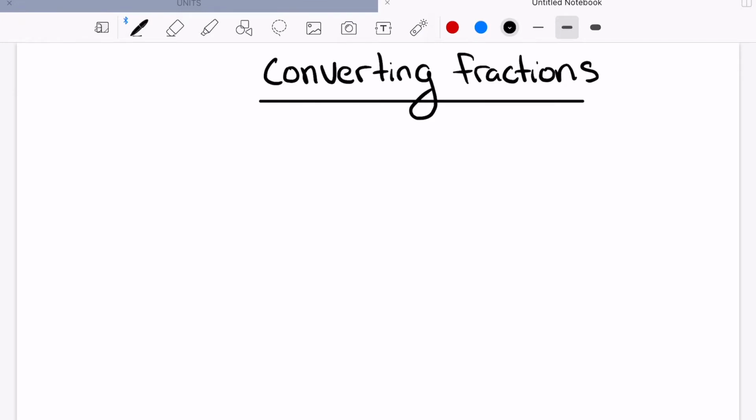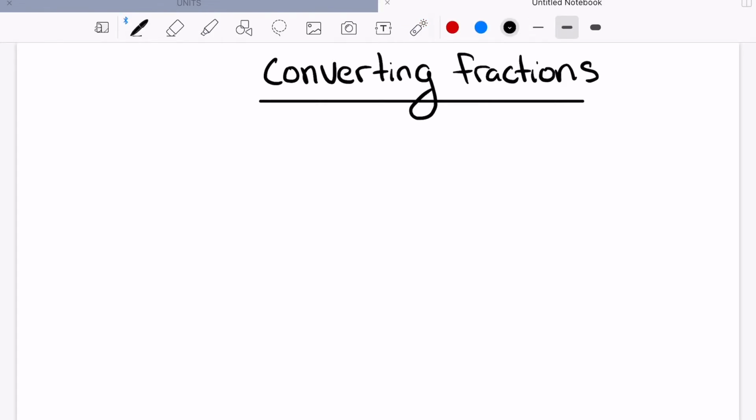Let's talk about something new today. It's called converting fractions. So, if we want to make a fraction equivalent, what can we do?